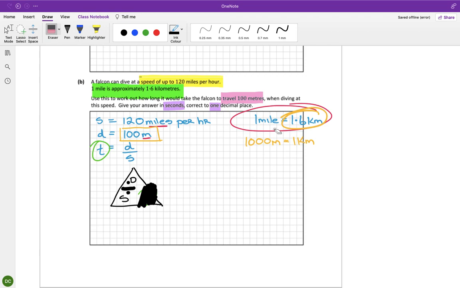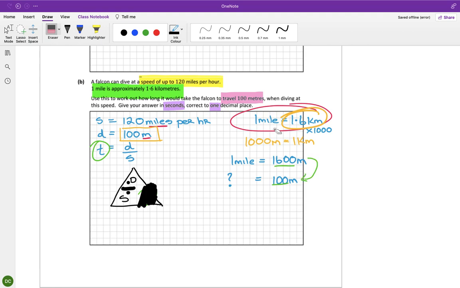So if 1 mile is 1.6 kilometers, then it's 1,600 meters. And we want to know how many miles is 100 meters. Yeah? So what you do is you look at the relationship over here. This is something we're going to do when we're doing arithmetic, but you look at the relationship over there.